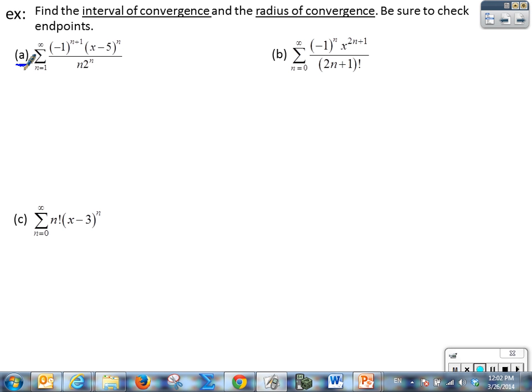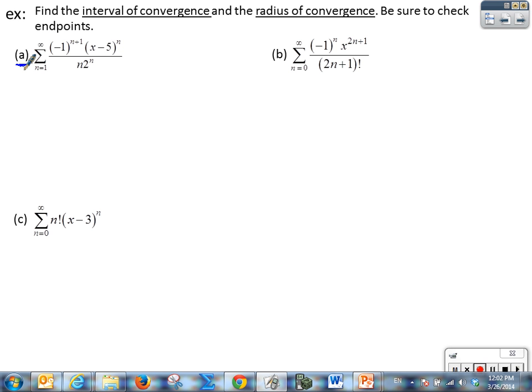Because if it only converges for one number, we don't need to worry about checking endpoints. It's just one number. If it converges for all real numbers, then we don't need to check endpoints for that either. Does that make sense? We just check endpoints when it's a limited interval.